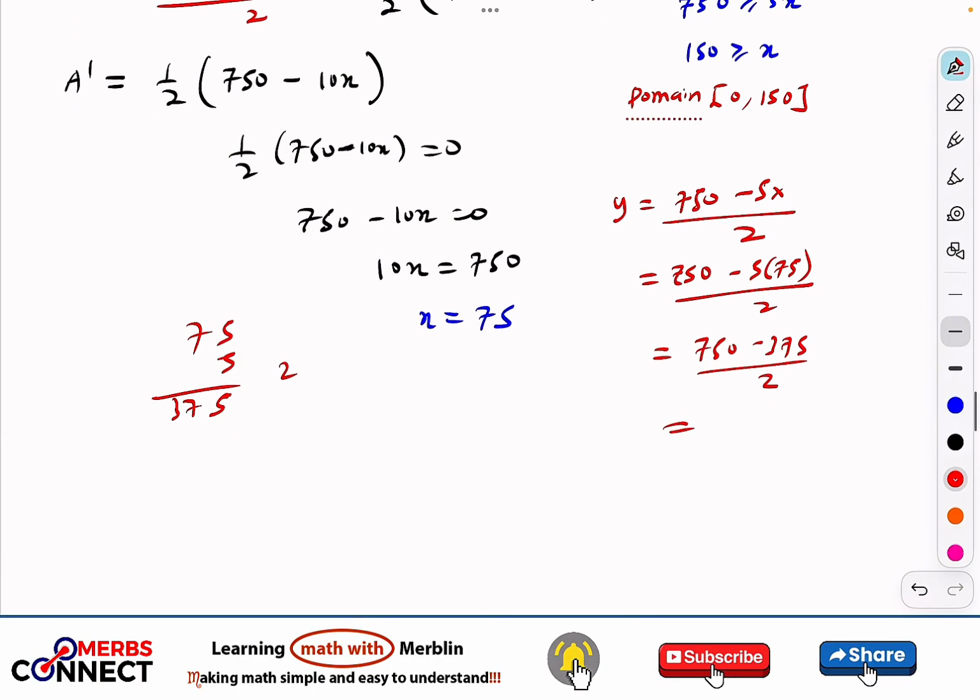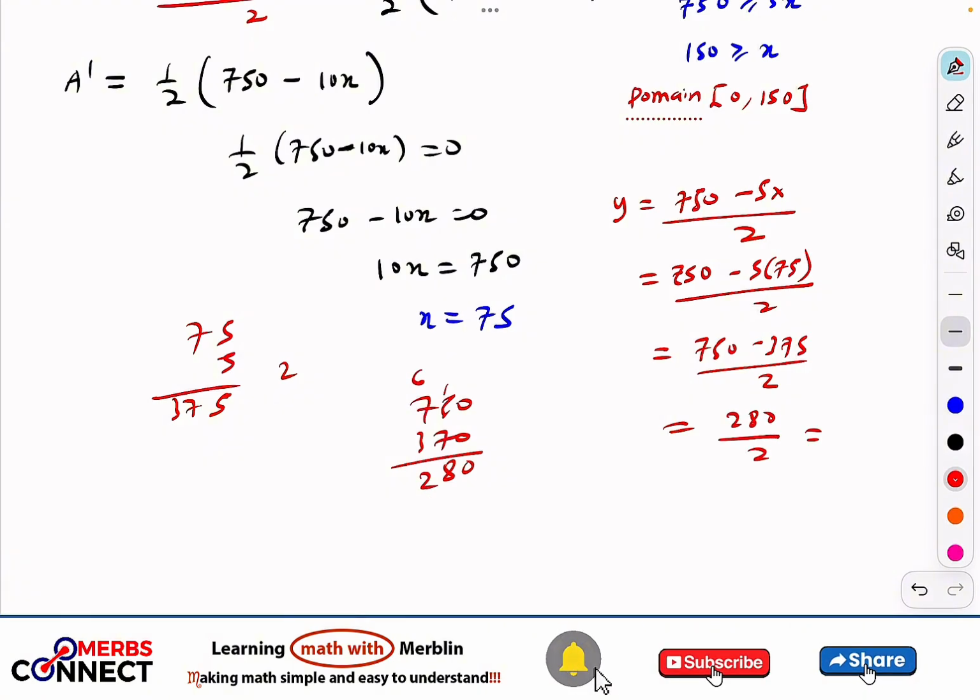So when you subtract, what do we get? 750 minus 370 is 0. Add 1. This is 8. This is 6. And this is 2. Okay, 280 divided by 2. Is that right? I feel like what I'm doing is wrong. Okay, this one is supposed to be 5.